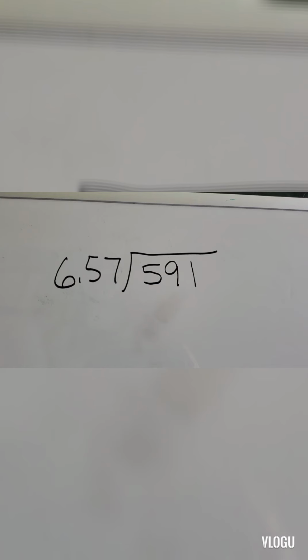It's not rounding to the nearest 100, it's rounding up. So our 9 becomes a 10, which means we add a 1 over here, and this becomes 6,000.